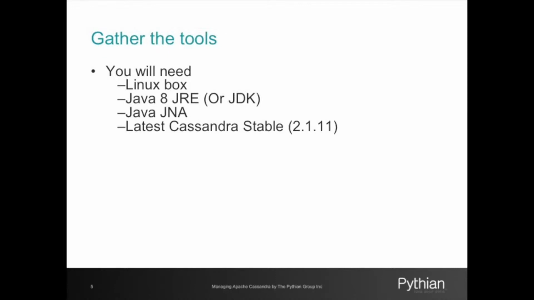It can run on the open source one, but it's actually not recommended, and Cassandra will warn you if it detects that it's not actually running on the Sun JDK or JRE. Java JNA may be needed, depending on the installation you perform. And of course, you'll need Cassandra. You can pick the latest stable version, which is a good starting point. At the time of this talk, the latest stable is 2.1.11.